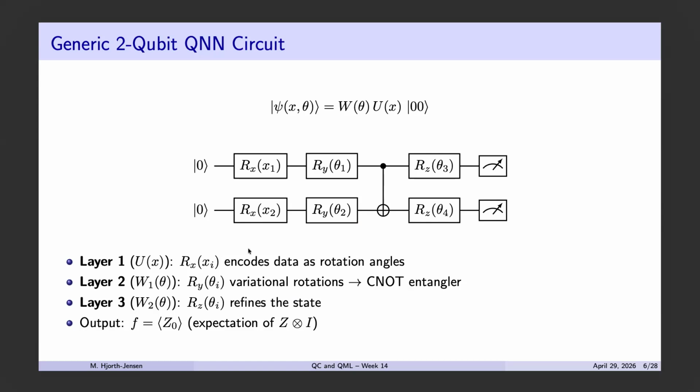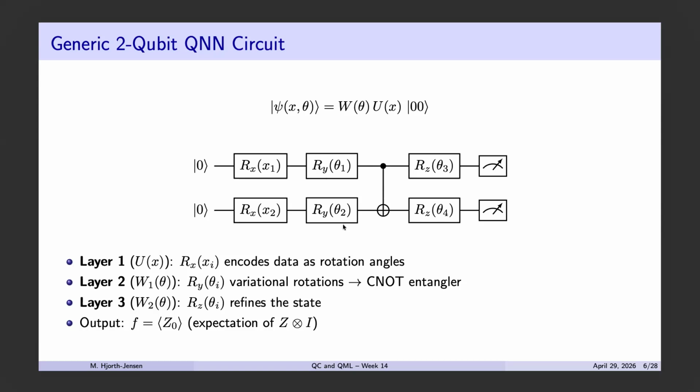And we're going to look at explicit examples of that. And then we can have a rotation around the y-axis. Keep in mind, again, as you did with the VQE, you can make these circuits deeper and deeper. The deeper you make them, the more parameters you have to train. So this part which you see here is the one where you encode the classical data into quantum data.